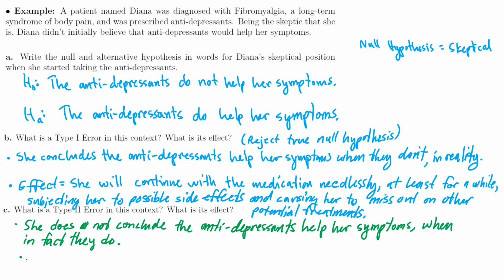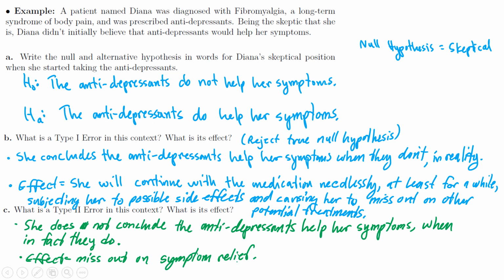All right, and so what's the consequence of that, right? The effect is that, of course, she's going to miss out, right? So miss out on symptom relief, ultimately. You might wonder, okay, how in the world could this happen?